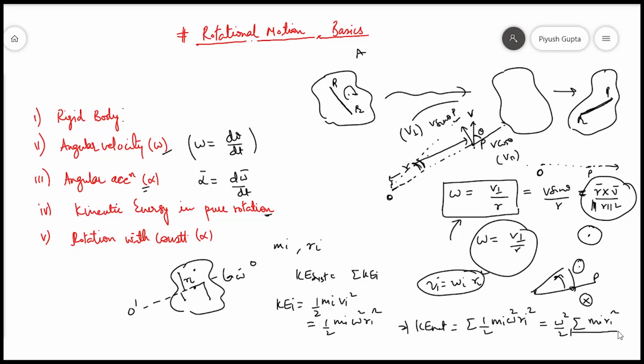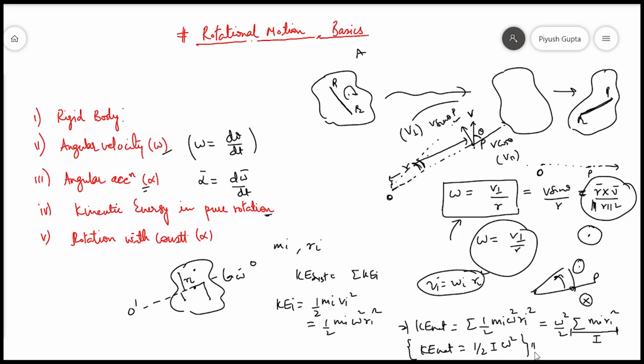Now this term is known as the moment of inertia, and we're going to discuss this in future videos. For the time being I can write KE net of the system equal to half I omega square, where I is this whole term. Keep in mind this is just for the kinetic energy of a purely rotating body.